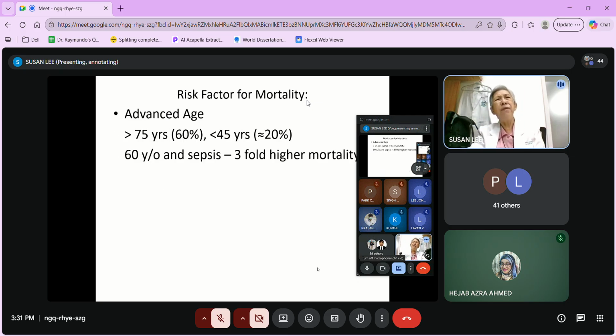So, they found out if your patient is 75, the mortality rate is around 60% compared to 20% in somebody who is less than 45 years old. If you are 60 and have sepsis that leads to development of ARDS, there is a threefold higher risk of mortality. So that means as you grow older, your risk of dying is higher.